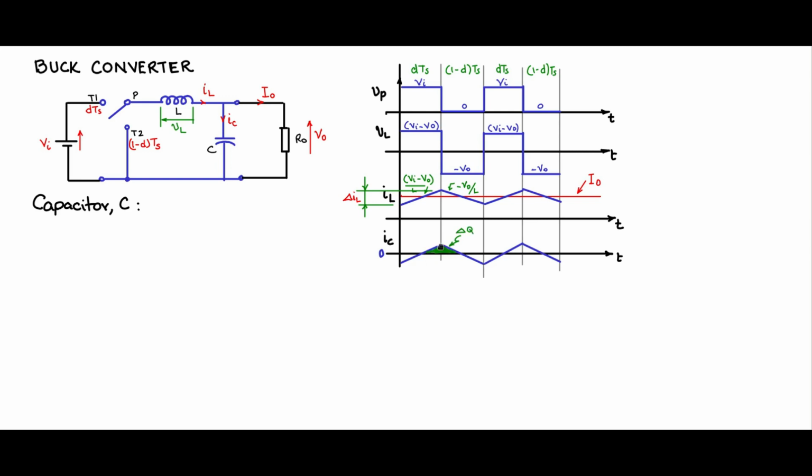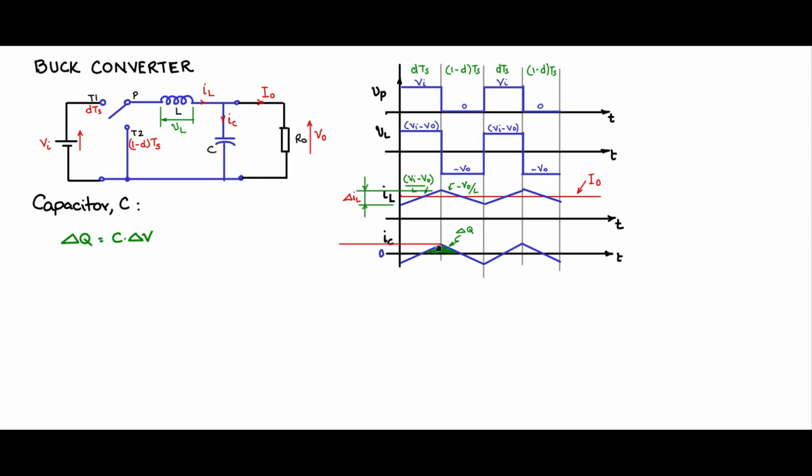So the change in the charge, that is, this is charge up, and the area here would be charge down, discharge. So the charge up and the discharge should be equal and should cancel out for amp second balance. So delta Q we know is equal to C into delta V, change in the voltage across the capacitance.